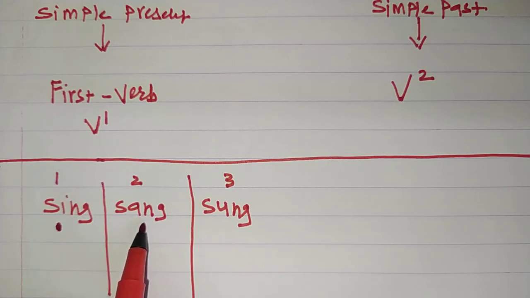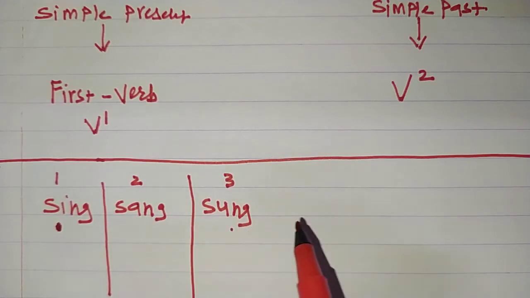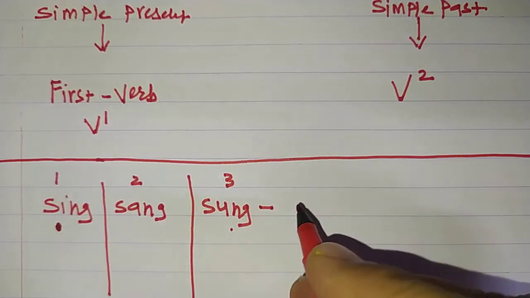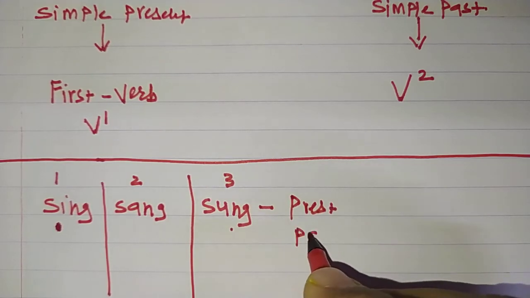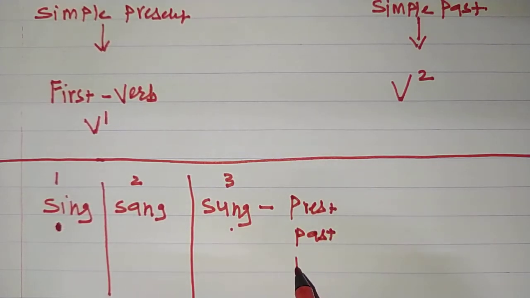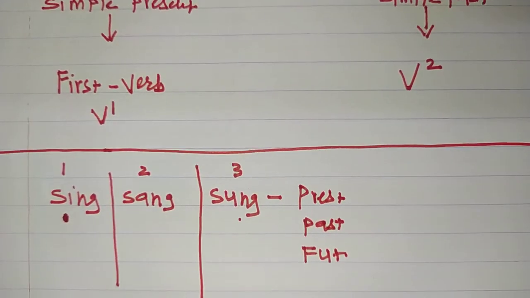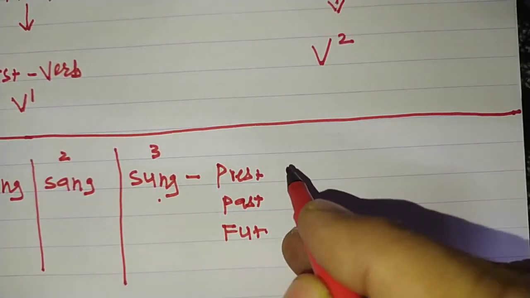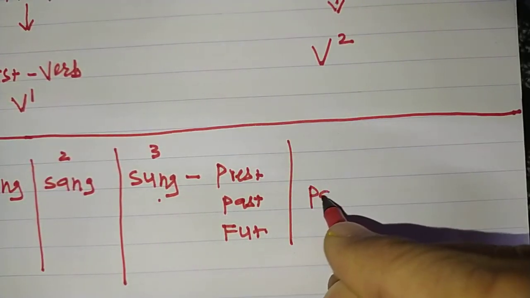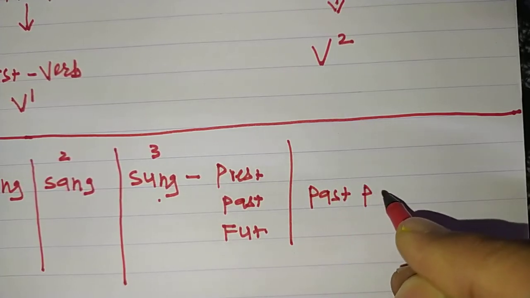This second form is used in simple past, and this third form is used in all three perfect tenses, that is present perfect, past perfect, and future perfect. Okay, one more point you all should remember. This third form of the verb is called past participle in grammar.